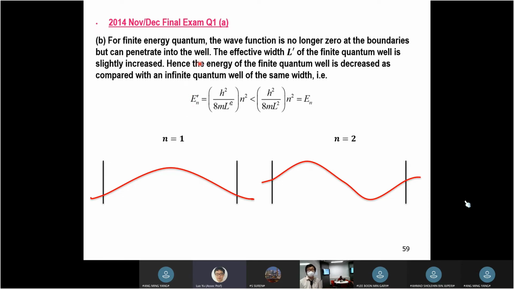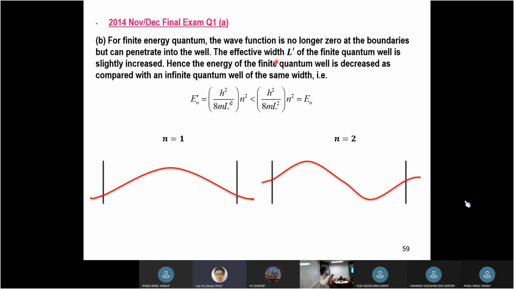If you said that the energy will be smaller than En, that will give you 6 marks. If you said the effective width is larger, 3 marks, then that leads to the conclusion energy will be smaller, total 6 marks.